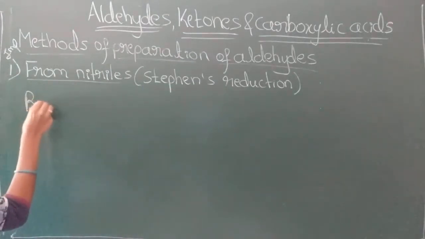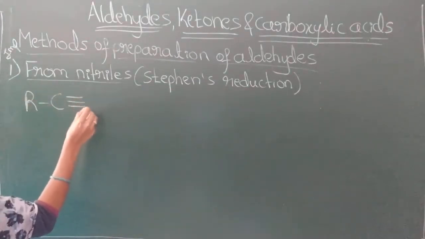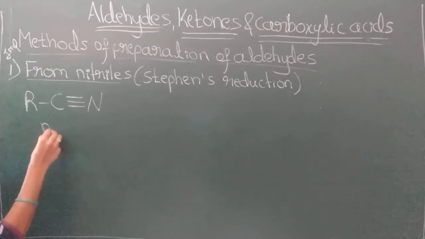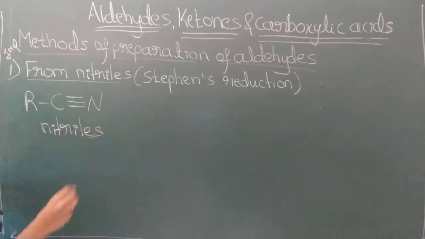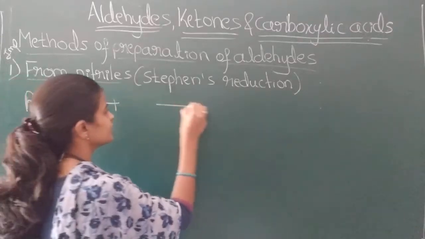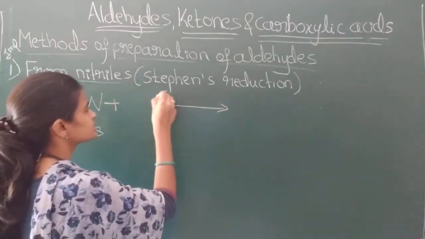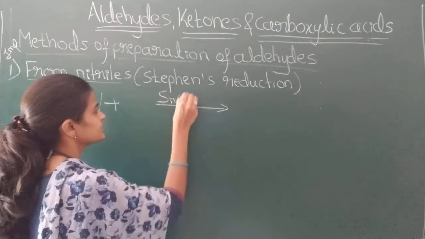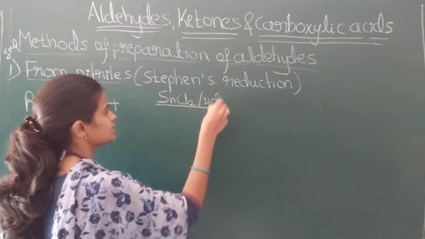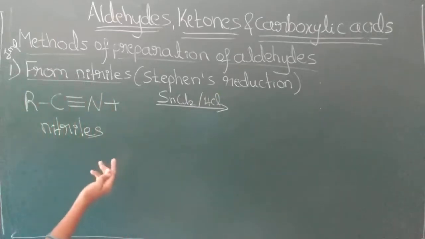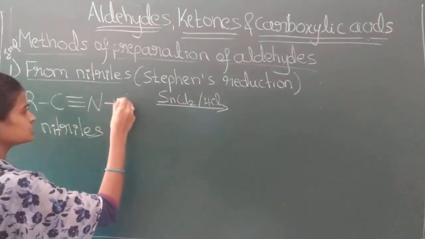The general formula for nitriles is R-C triple bond N. These are called cyanides or nitriles. When these are treated with stannous chloride, SnCl2, and concentrated HCl, two hydrogens are added.